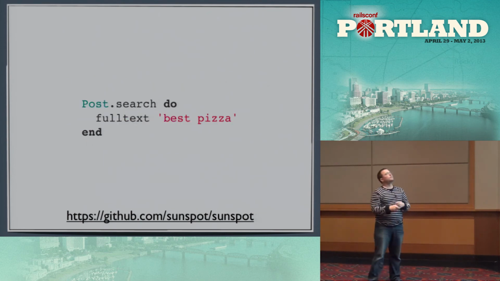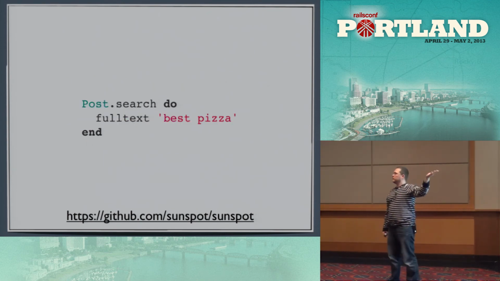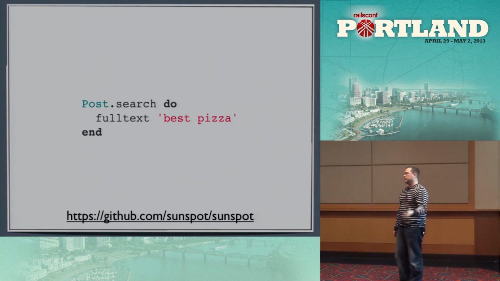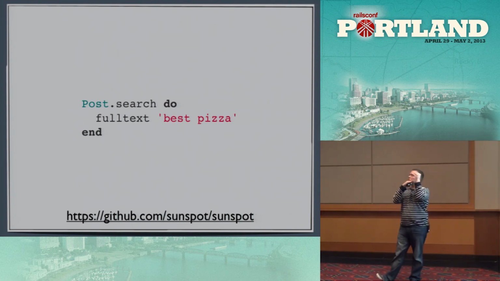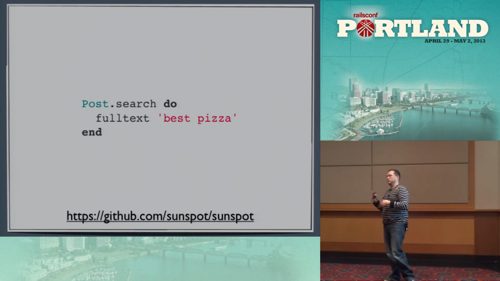This is magic. Then to use it, you just do Post.search with fulltext, where is the best pizza? You're calling search and passing it a block, and it handles the actual call out to the Solr server, makes the request, gets the records back, loads them from your local data, and everybody's happy.